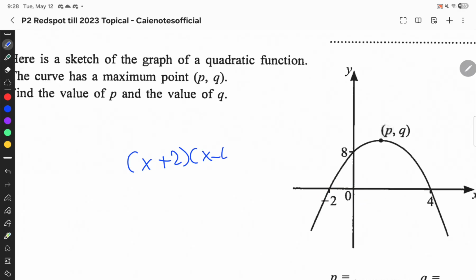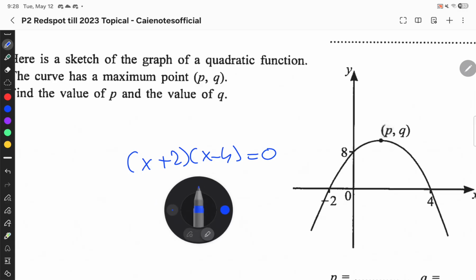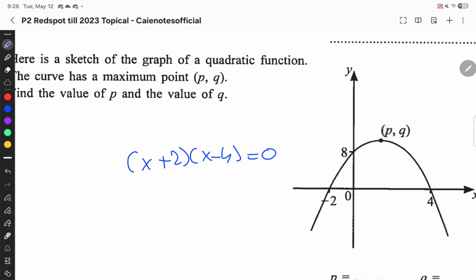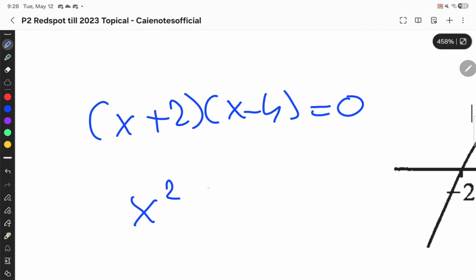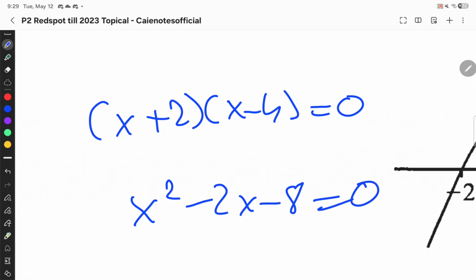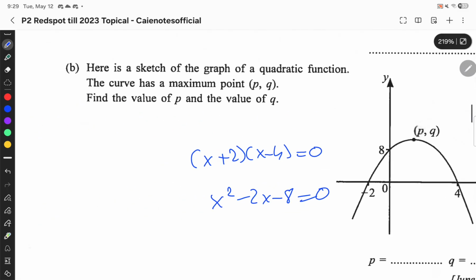We just do this. Remember, when you solve this, we get x is equal to -2, and so reversing it, you get these two linear factors. Expanding, we get x squared minus 2x minus 8 is equal to 0. Now PQ will be found by solving this using completing the square form.